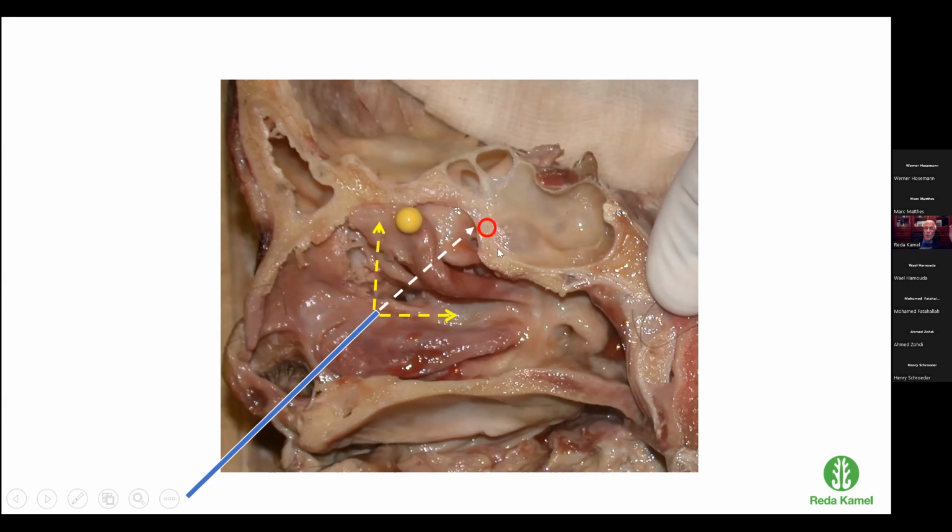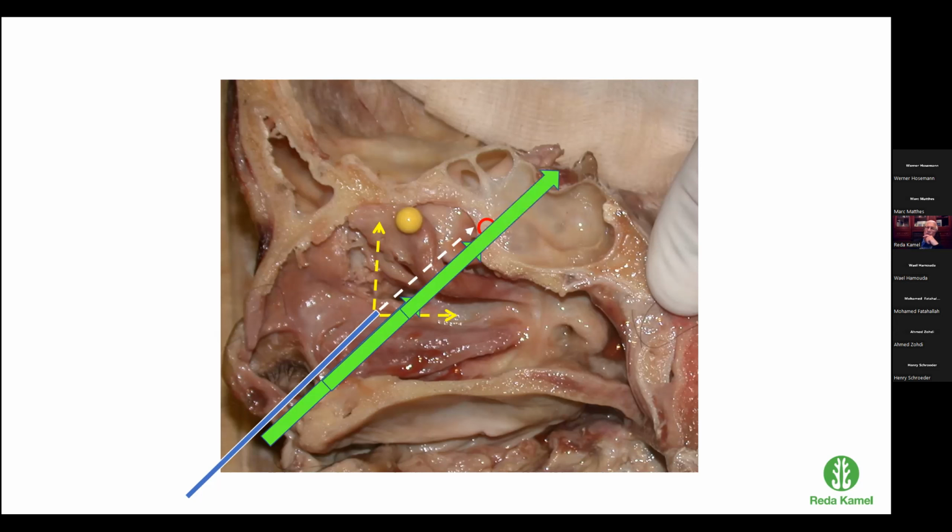And from there, we identify the ostium, widen the ostium, and then we are inside the sphenoid sinus.